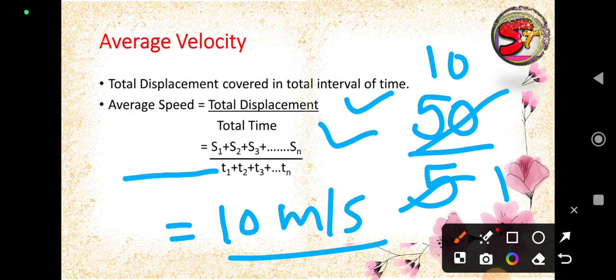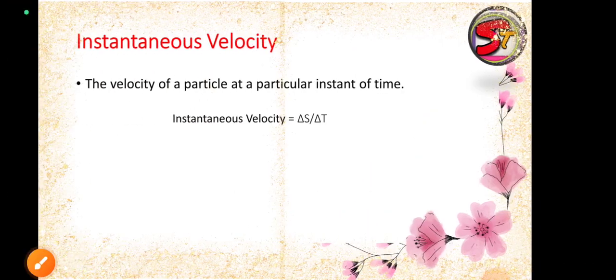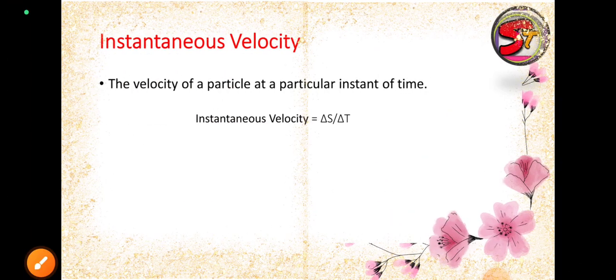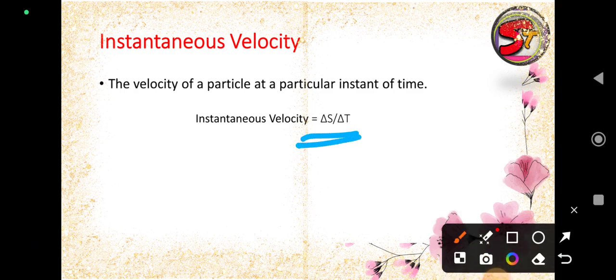But average velocity compulsorily should not be equal to instantaneous velocity, right? At that particular instant, a different velocity may get created. Therefore average velocity sometimes may be equal to the instantaneous velocity, but it is not compulsory that it should be equal. Okay, here instantaneous velocity, delta s by delta t I have written, that is small change in displacement by small change in time.